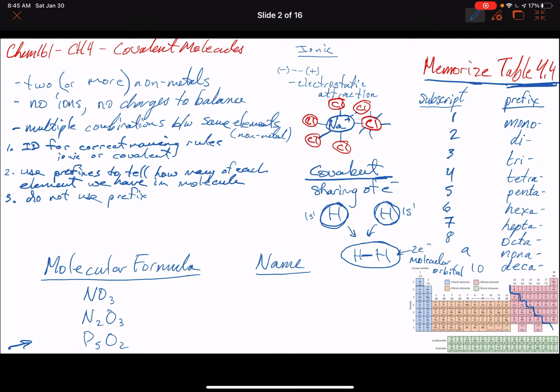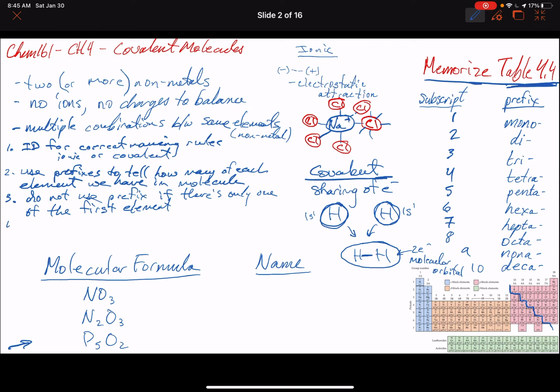Do not use a prefix if there's only one of the first element in the formula. Okay, so let's look at an example to do that in a moment.